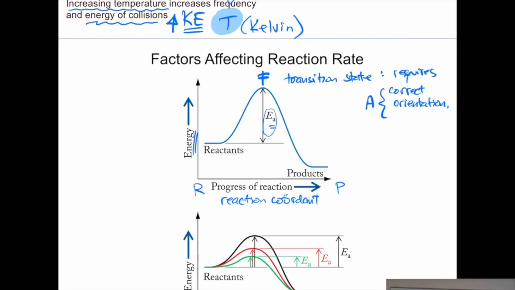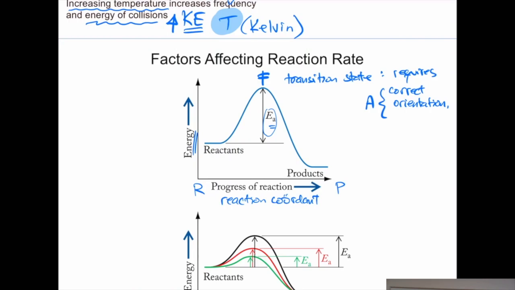And once it's there at the top of the hill, now that's that unstable transition state with all the bonds in some metaphysical state where the bonds are half made and half broken, and we can only imagine it, but it takes so much energy to really keep it stable. Activation energy, all right?